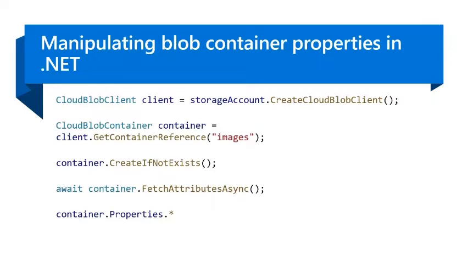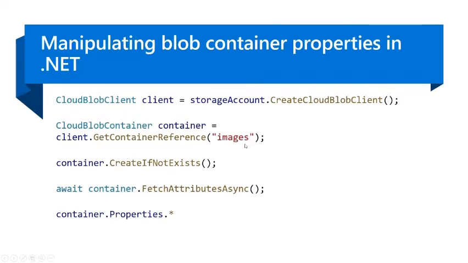So if you understand here, you see we created a cloud blob client first. We can create a cloud blob client using the cloud storage account class. And once we have the client, now we want to get the reference to this container, images.